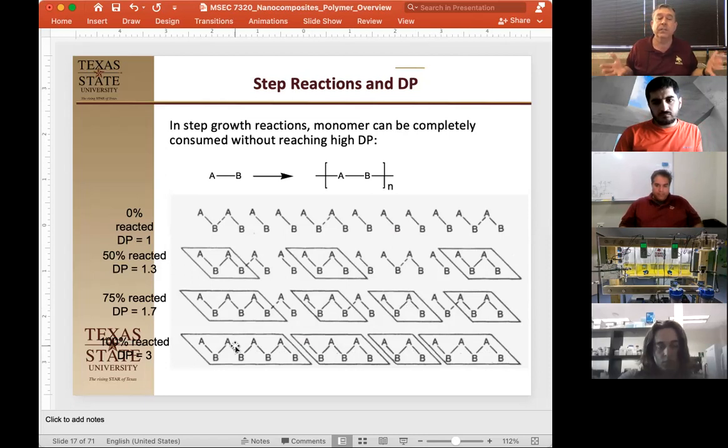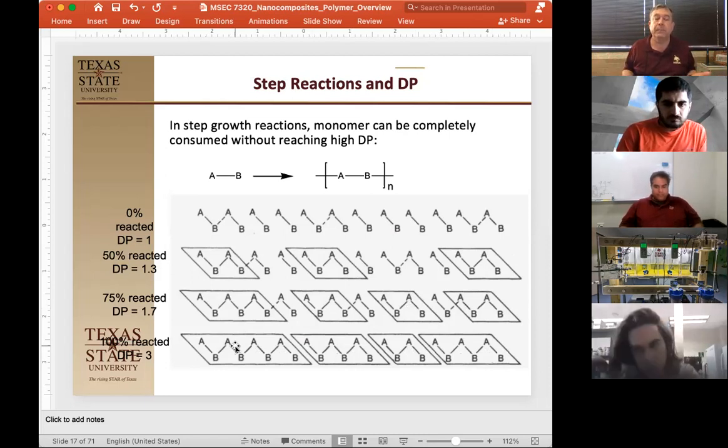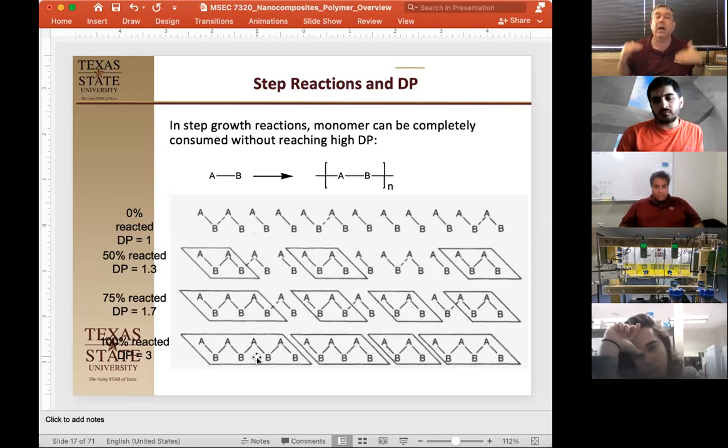We can have 100% reacted, but only have a DP of 3. The average repeat unit is only 3 long. We have 2 here, 3 here, 3 here, and 4 here. So you can have 100% of your monomer reacted in a step growth polymerization, but still not have a high molecular weight polymer.